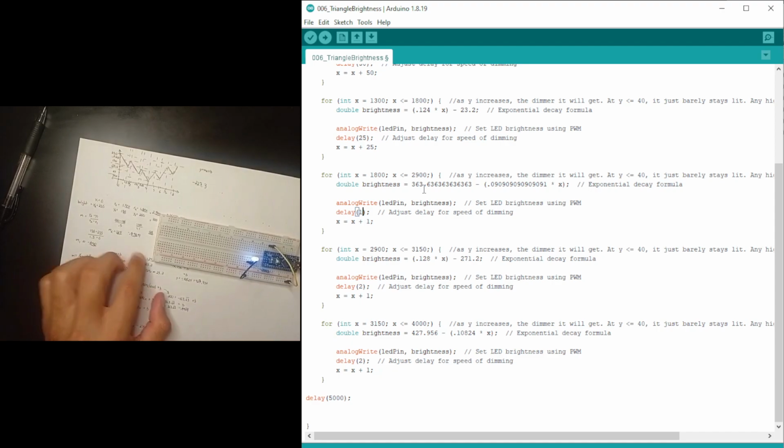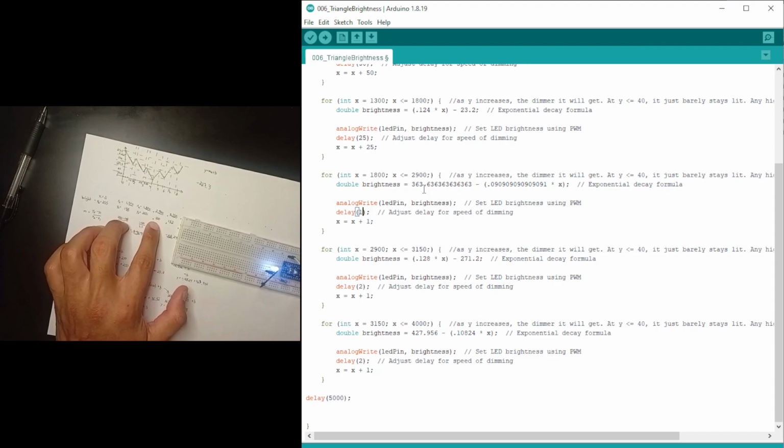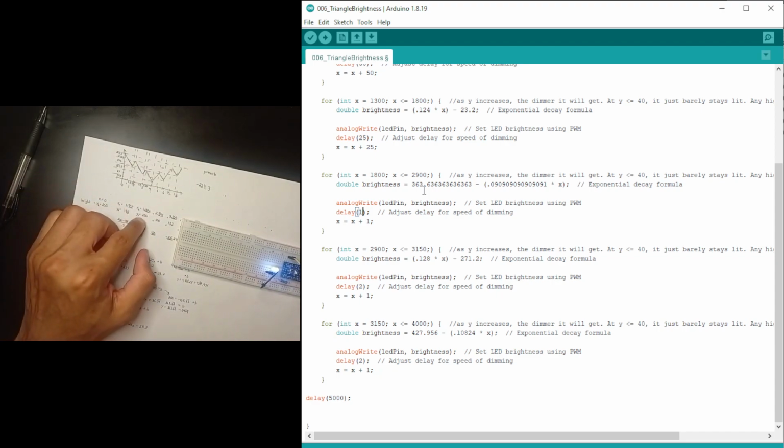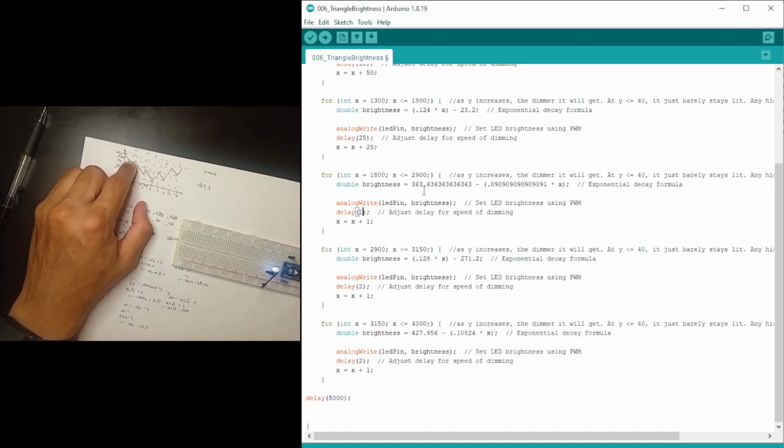To 0.9. From 200. X equals 1.8, 200 to there. 1 seconds to reach that.